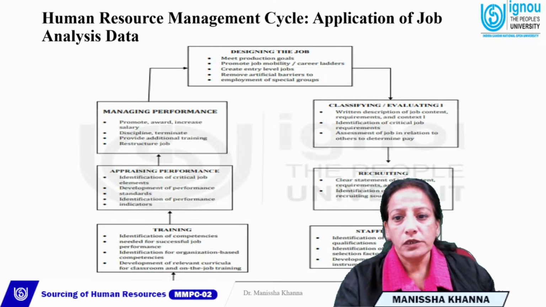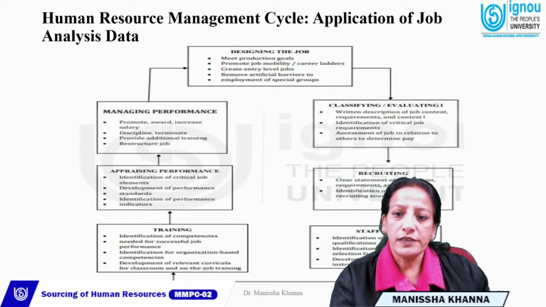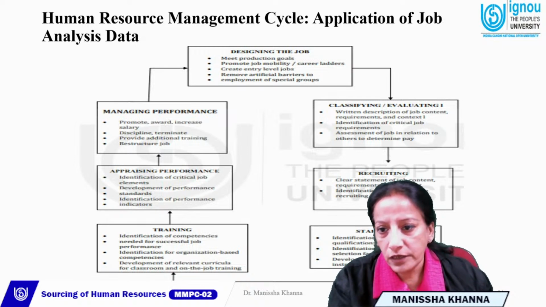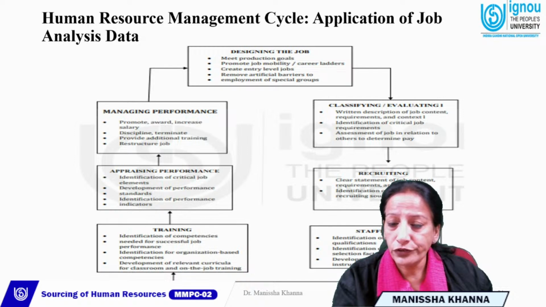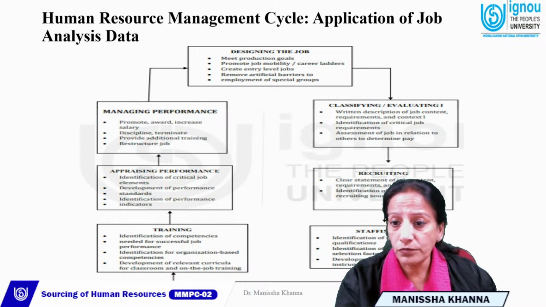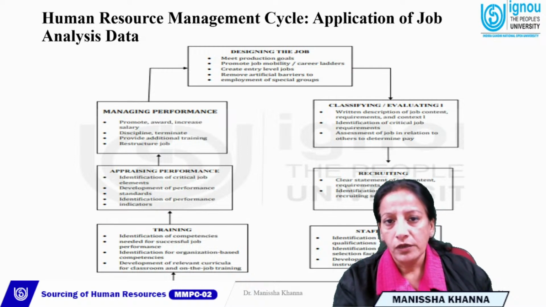Then we classify or evaluate. Classification can be done on the written description of job content, identification of crucial job requirements, assessment of the job in relation to others, and determining pay.